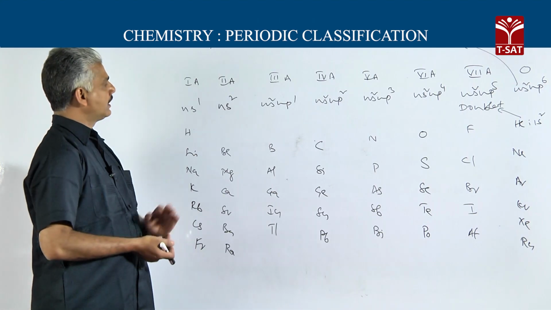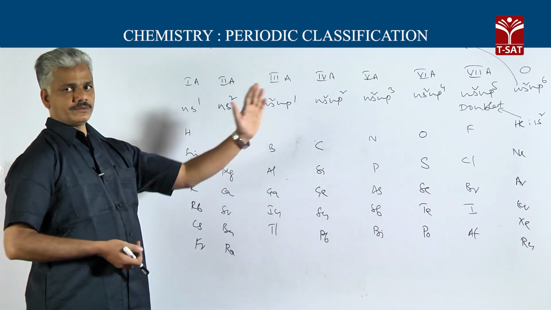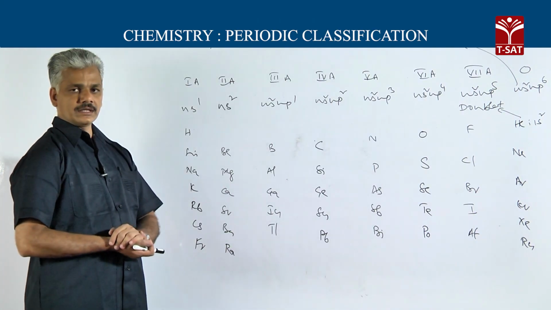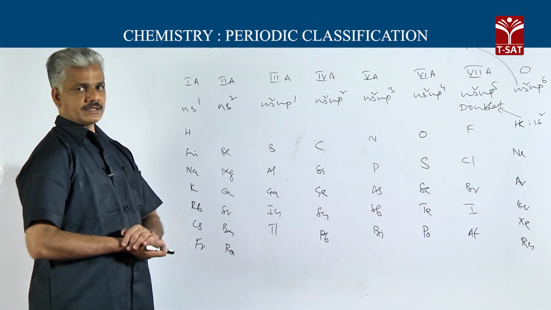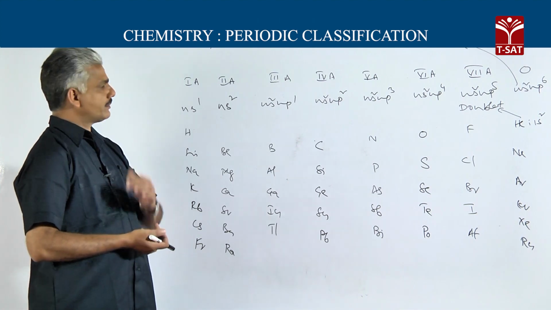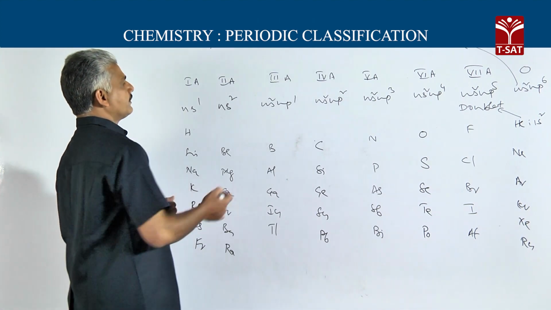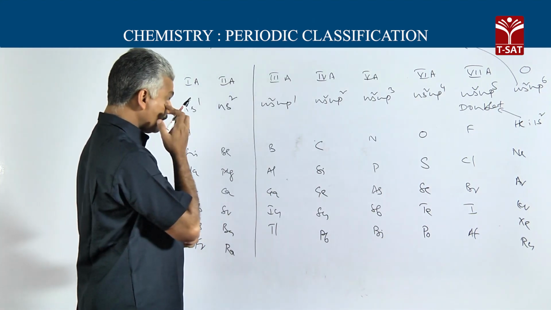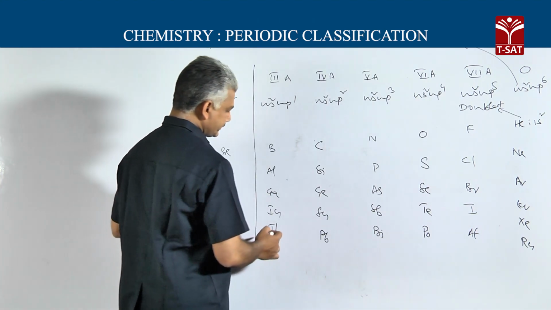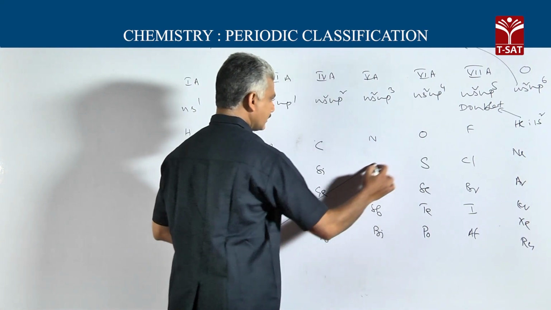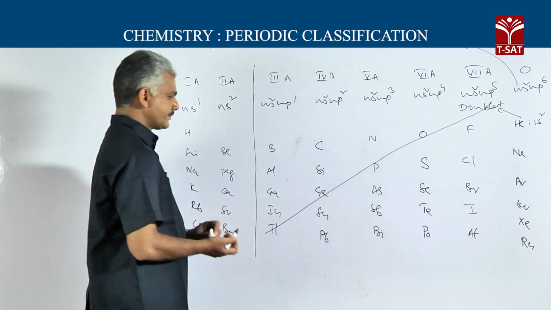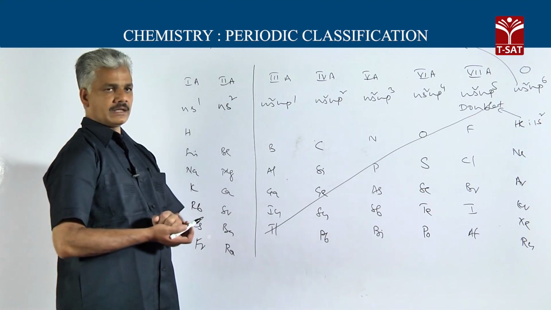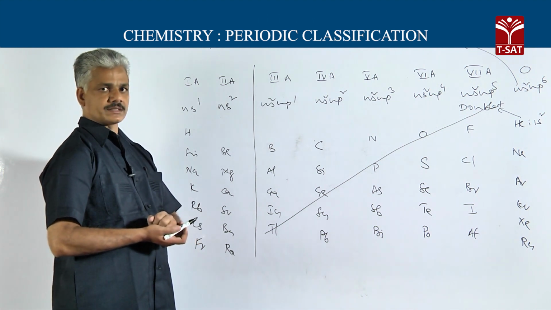So, you can say as we move from left to right in the periodic table, the metallic character decreases and non-metallic character increases. Particularly from 3rd A group to 7th A group, if we draw a diagonal like this, the elements present above the diagonal are generally non-metals.